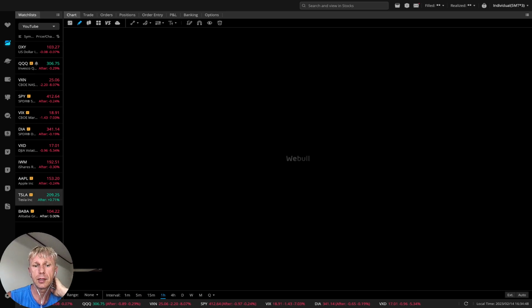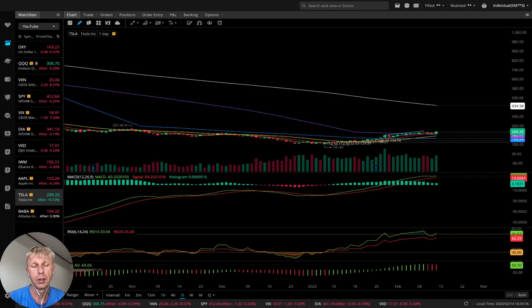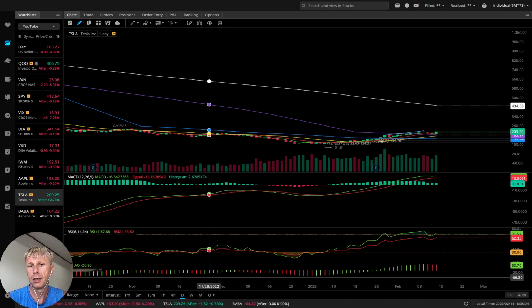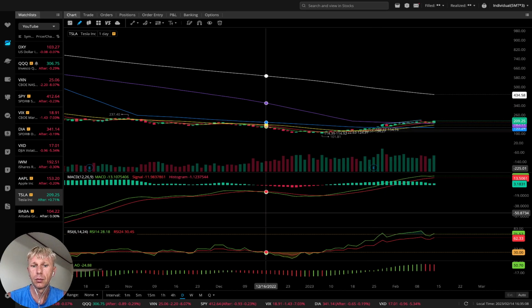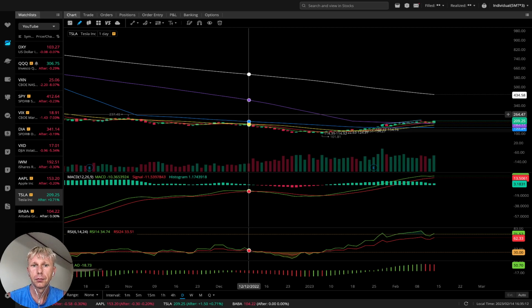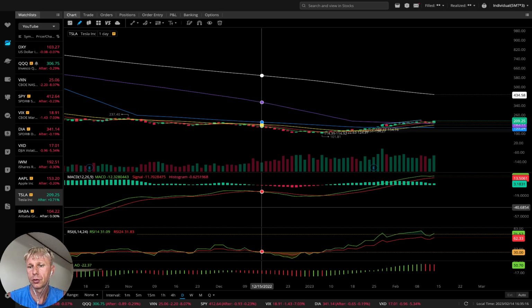Let's move to Tesla daily. Tesla is still positive even after hours, plus 0.72%. Let's check daily. Tesla daily is still bullish, on MACD and on RSI.